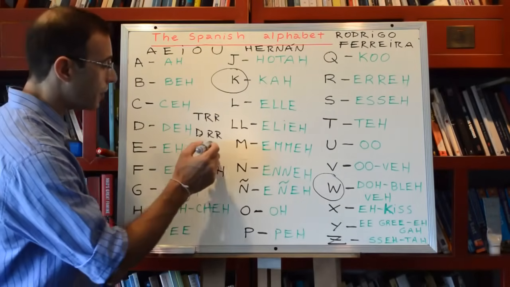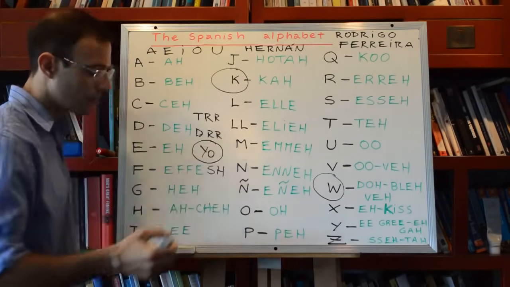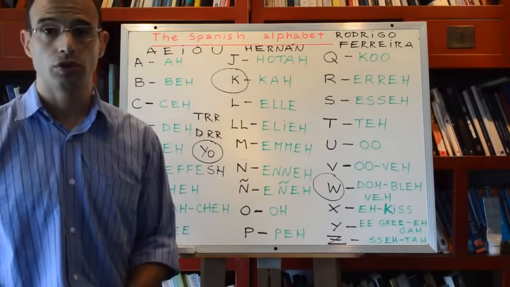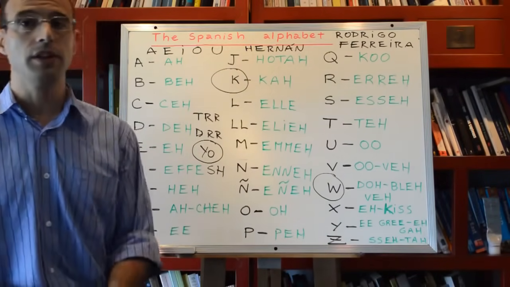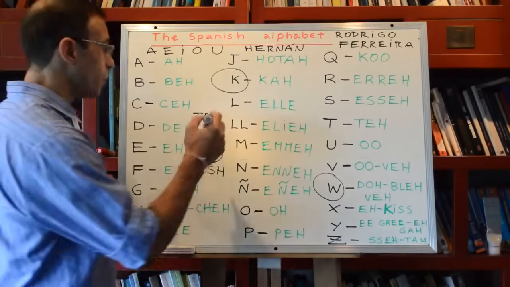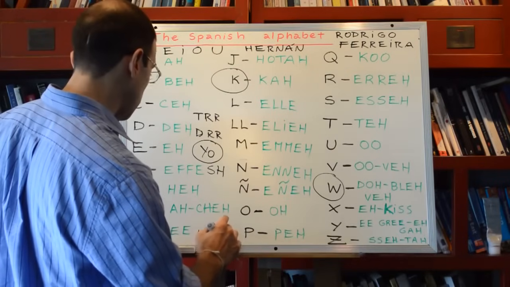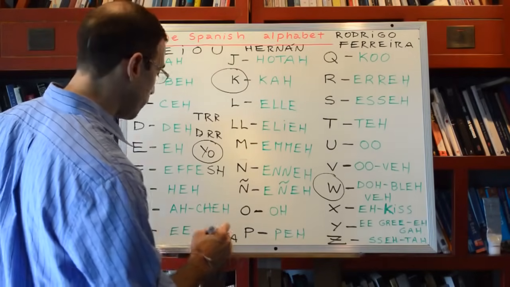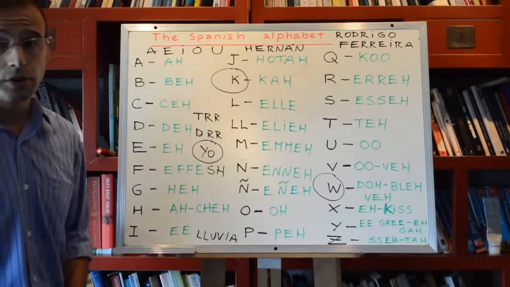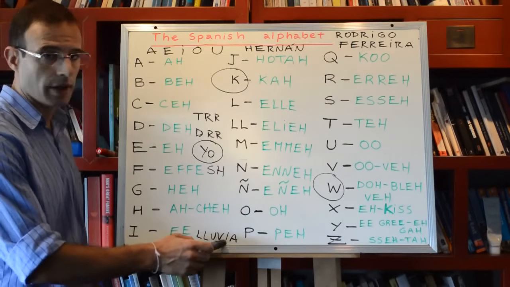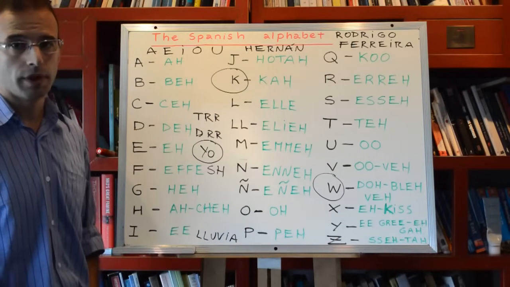Therefore, the pronoun I, yo, is pronounced sho in Argentina and in Uruguay. The word for rain, which in Spanish is lluvia, okay? Lluvia in Argentina and in Uruguay is pronounced shuvia.